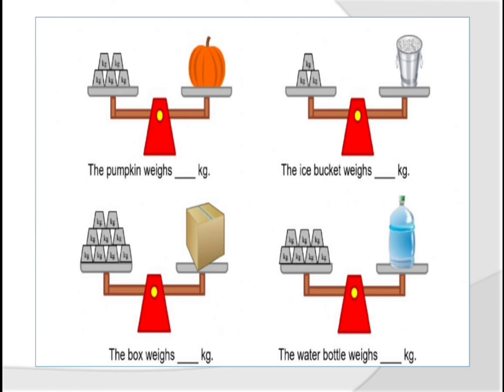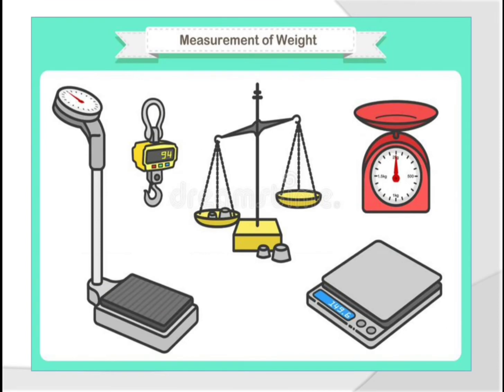There also they measure your luggage, isn't it? So that luggage weight you can see. These are the different ways in which we can measure the weight or mass of an object. There are many different types of weighing machines. Okay, children, so in length we have learned the different units of length, isn't it?